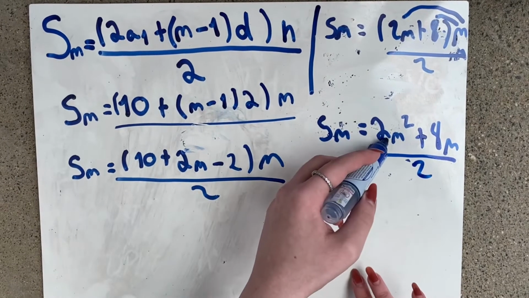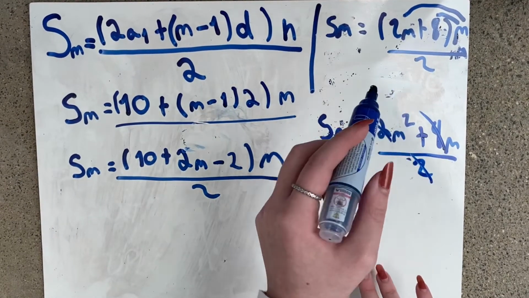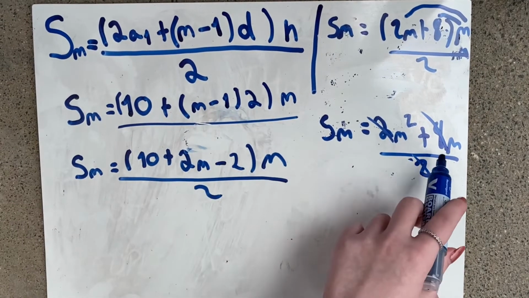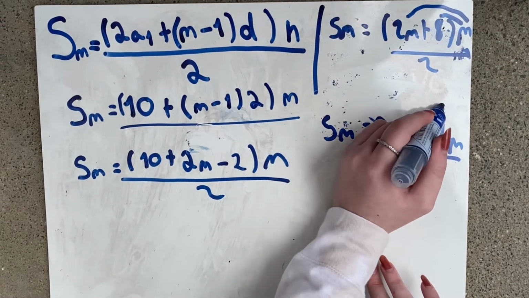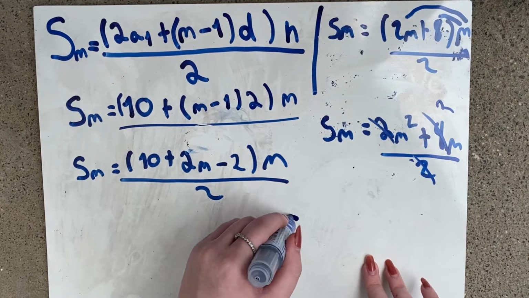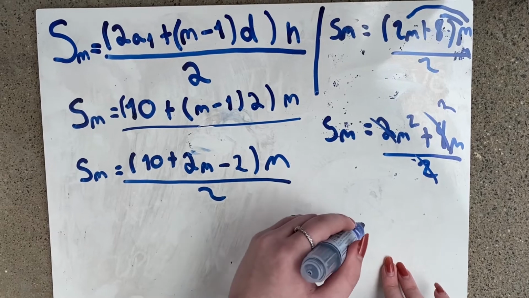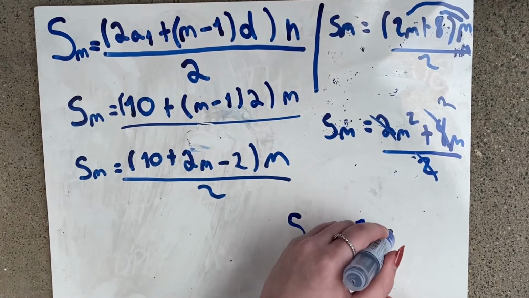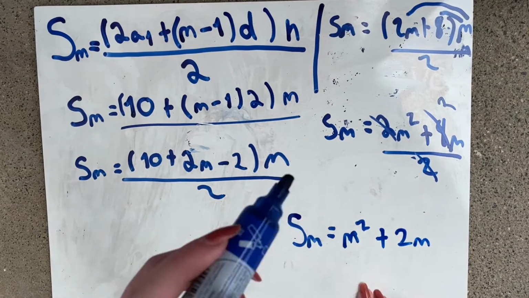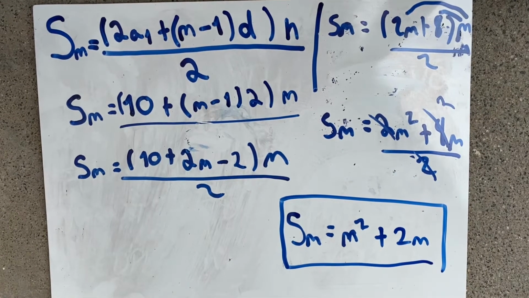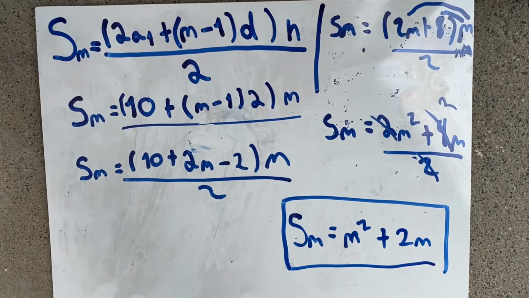So now we simply simplify it. 2 divided by 2, 1. And 8 divided by 2 is 4. So we're going to end up with Sn equals n squared plus 4n, which was our original formula. So we have now successfully shown that that's how you apply this.